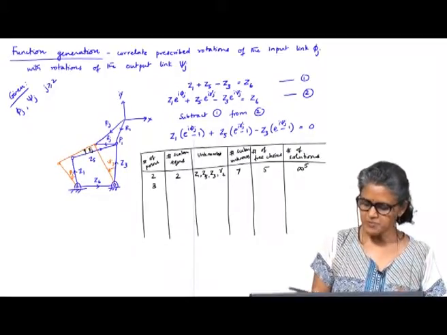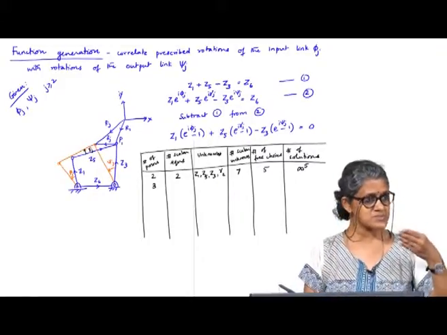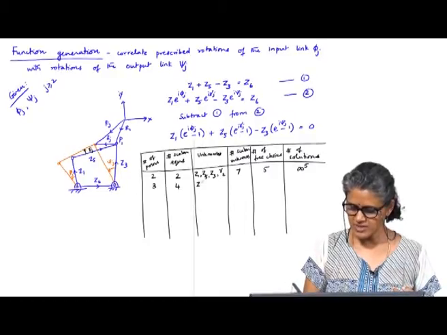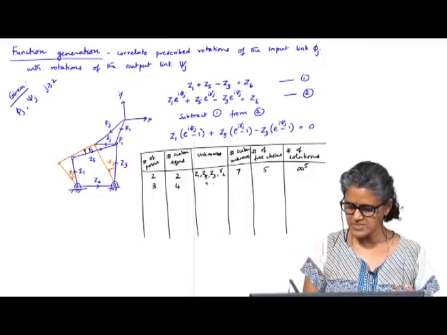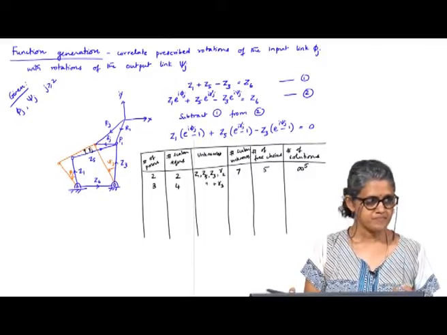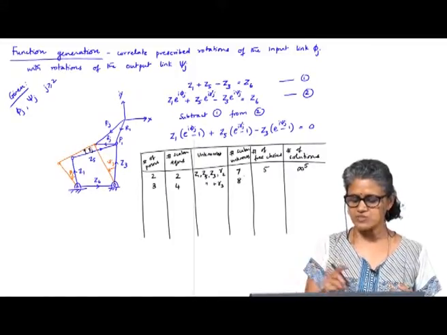If I go to 3 positions, the number of scalar equations now becomes 4. Unknowns are all these, so I will just put a ditto, plus gamma 3. So the number of scalar unknowns is 8, it goes up by 1.